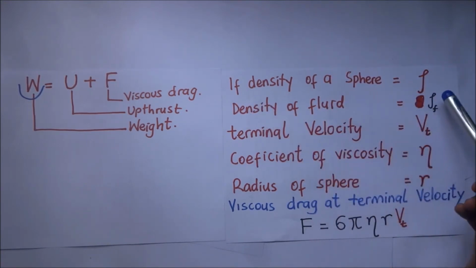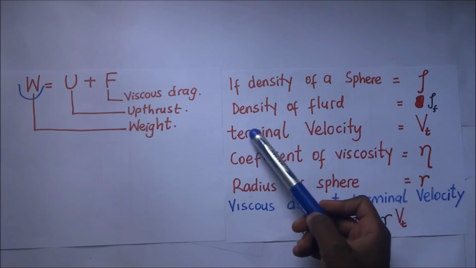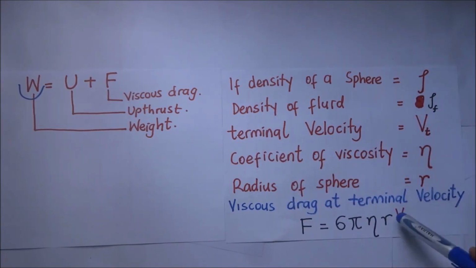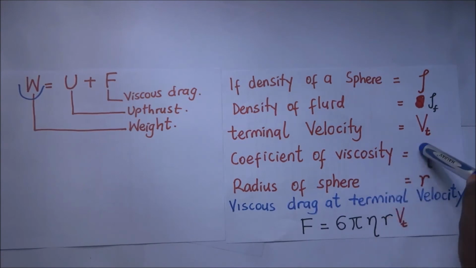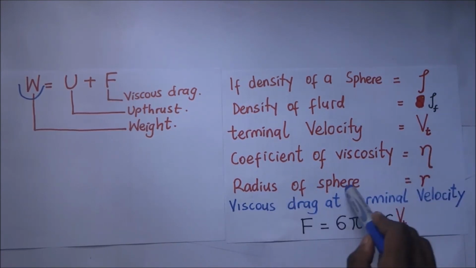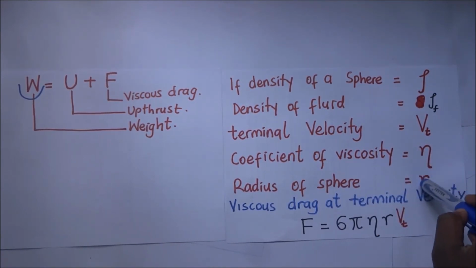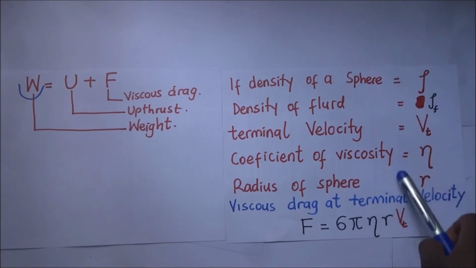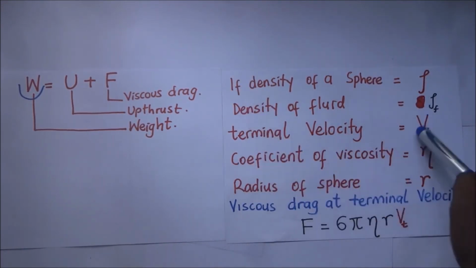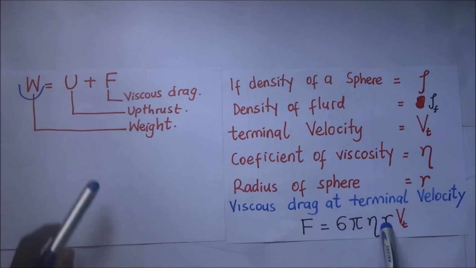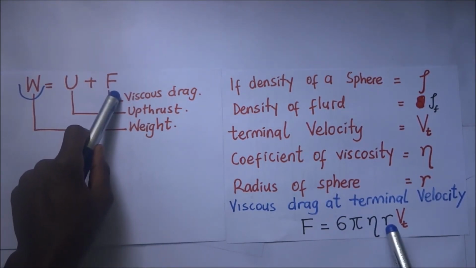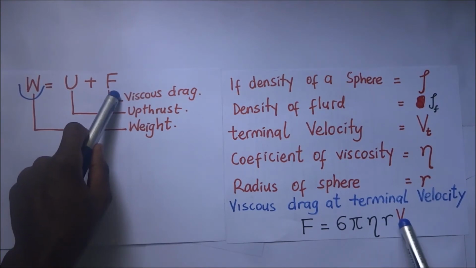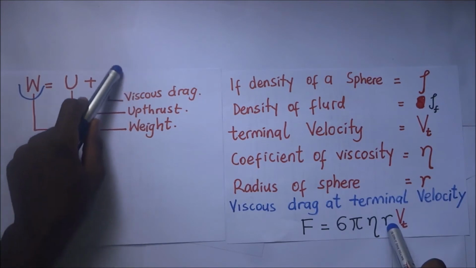The density of the fluid, we shall denote by sigma. Then the terminal velocity is V subscript T, which we are using here in this expression. Then the coefficient of viscosity is denoted by eta. Then the radius of the sphere, we shall be using R. These are the symbols we shall be using. So for viscous drag, F is given by 6 pi times coefficient of viscosity times the radius of the ball times the terminal velocity. So we have this expression.